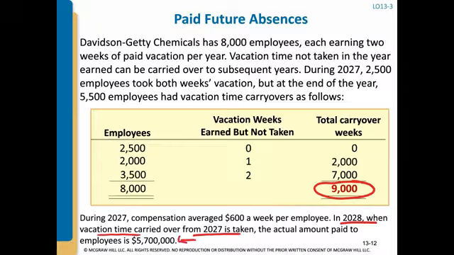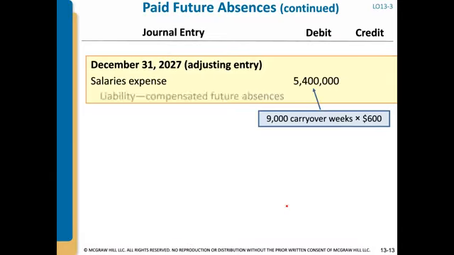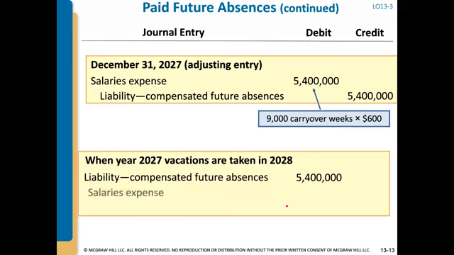However, when we look at the salaries per employee for each one of those accrued vacations, the total expense ended up being $5.7 million. So we need to true up our journal entry accordingly during 2028.